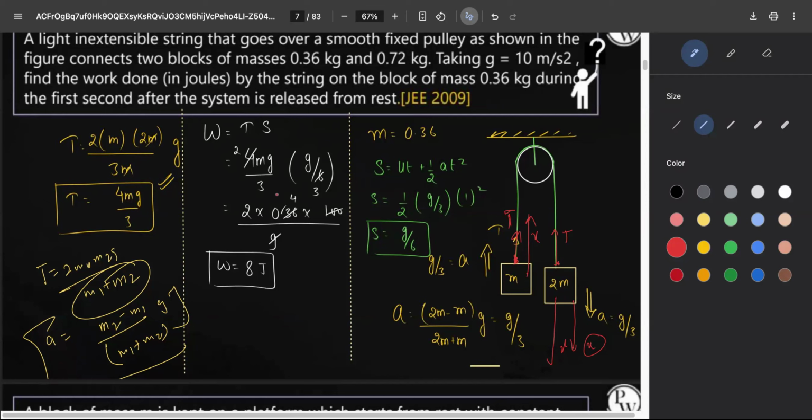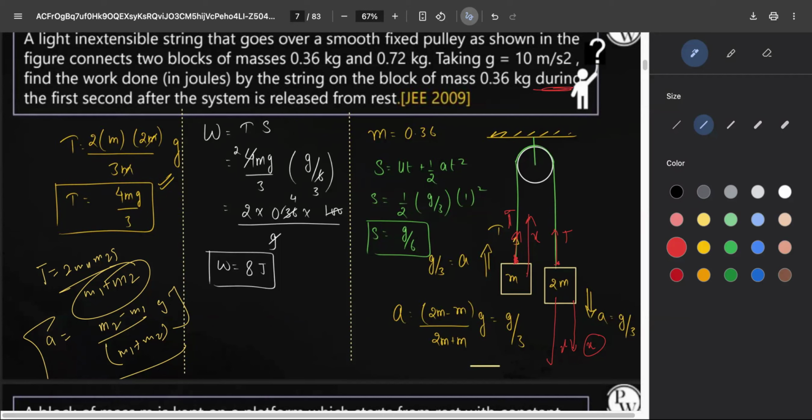Wait, they have asked to check the distance at different times during the first second after the system is released from rest. The moment you have released the system, in the next 1 second we have to get the value of this work done. So could you relate what work we are going to get in this case?